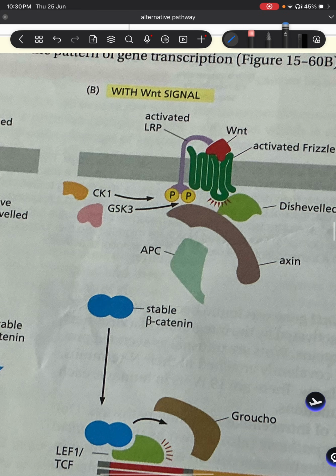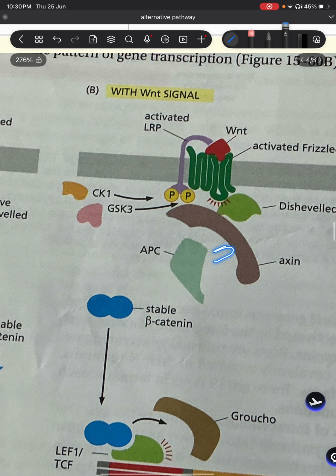Now what happens is this Dishevelled will pull axin like a magnet. So it will be pulled in. Once it is pulled in, it will go towards LRP, and this LRP is phosphorylated with the help of CSK1 and GSK3.